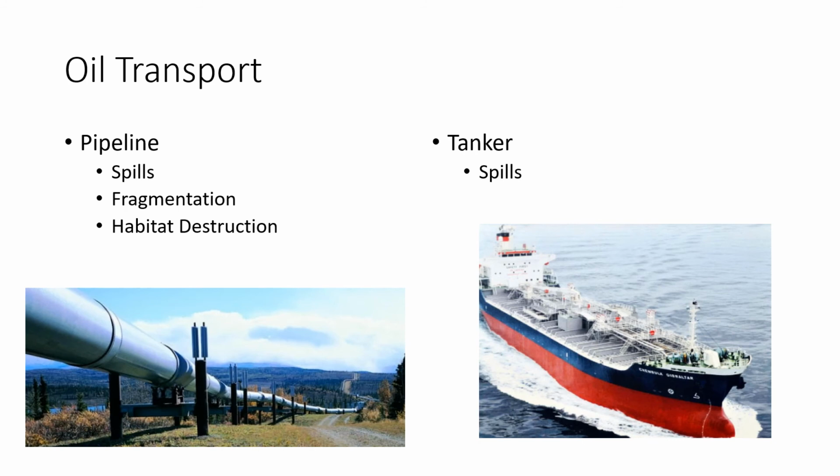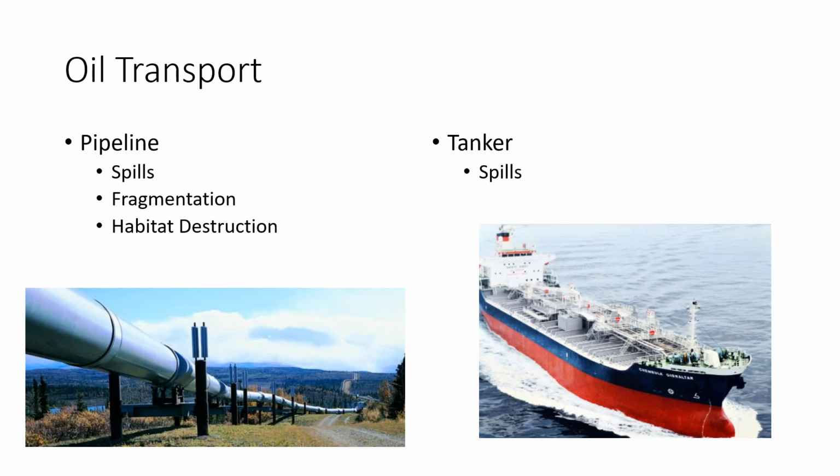When it comes to oil, once it's extracted, we've got to transport it. And we can do that through pipeline and through tanker mostly. And with pipelines come all kinds of issues. I'm sure you're familiar, or if you're not, you should look it up. There are all kinds of land issues in the United States going through Native American lands to build pipelines, and they don't want it for many reasons.